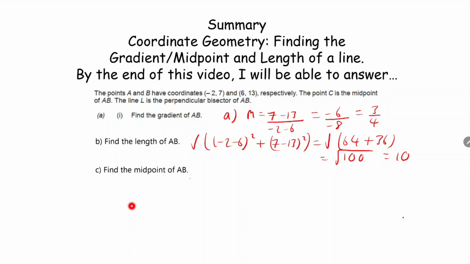And the midpoint of AB is minus 2 plus 6 over 2, 7 plus 13 over 2, which gives us 4 over 2, which is 2, and 20 over 2, which is 10.